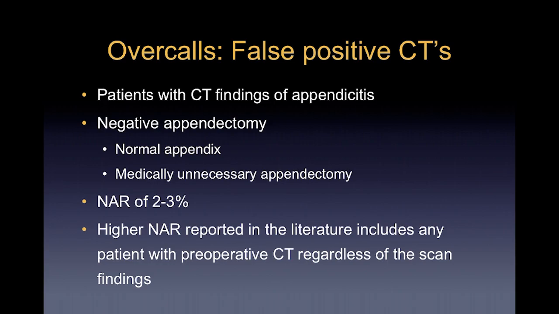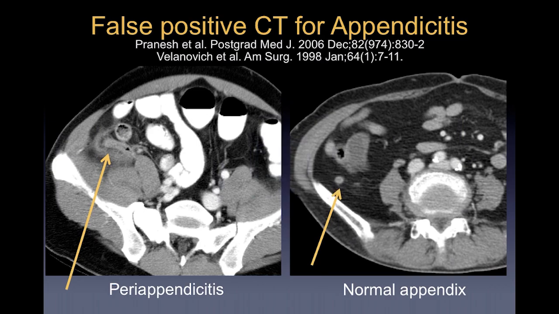You'll sometimes see higher negative appendectomy rates reported in the literature, the surgical literature in particular, but those refer to cases where they go to the OR on the basis of some clinical suspicion of appendicitis, regardless of what we said at CT. So we might have said, we don't think this is appendicitis, we think it's Crohn's disease or whatever. They go to the OR anyway. If we call appendicitis, the negative appendectomy rate is about 2 to 3%.